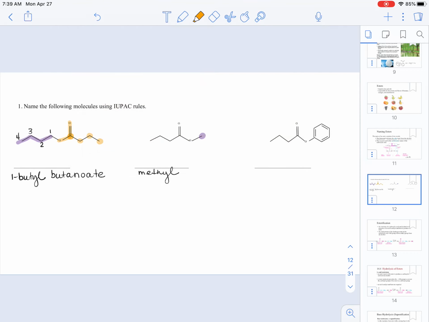Then, as I look at the portion of the molecule that includes the carboxylate carbon, we have 1 carbon, 2 carbons, 3 carbons, 4 carbons. So if I write the alkane name, it is butane. Again, I'm going to erase the E and put OATE. So the name of the second compound is methyl butanoate.